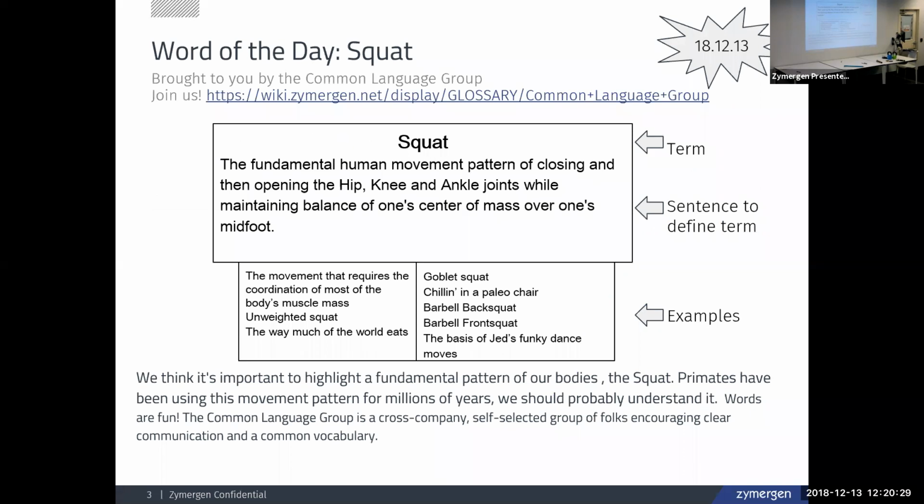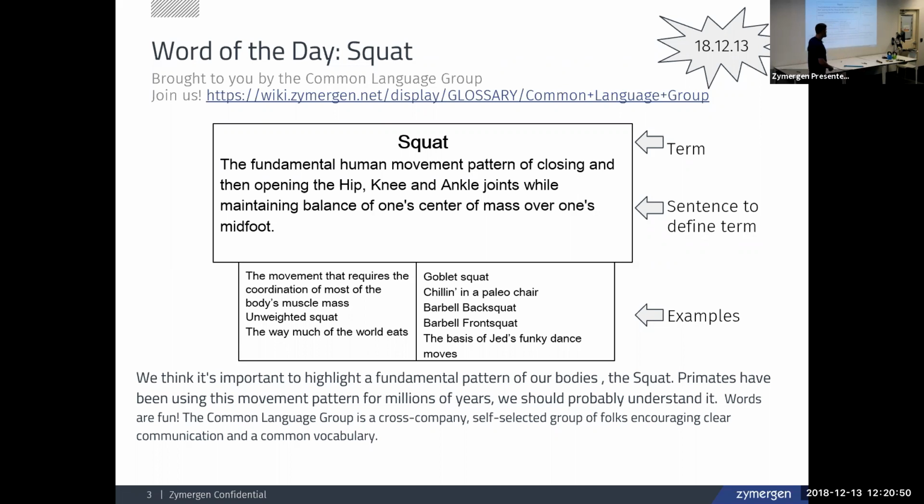Let's get a definition of squat. So super general, the squat is the bending at the hip, knee, and ankle to lower the organism's center of gravity while balanced over the midfoot.